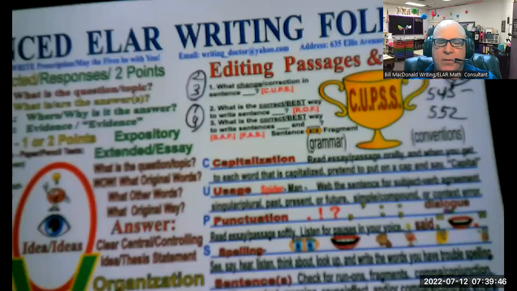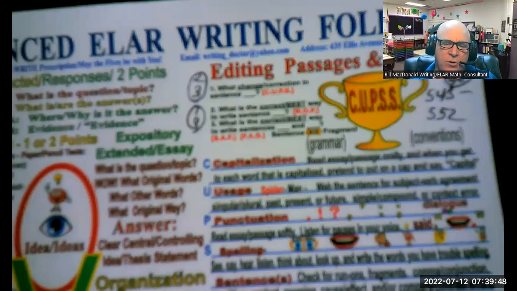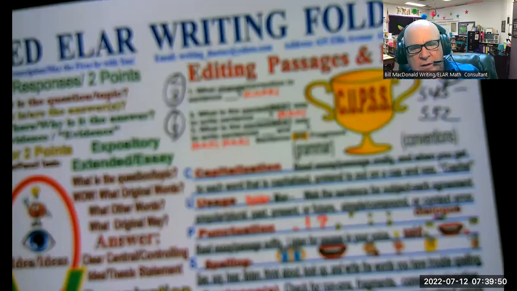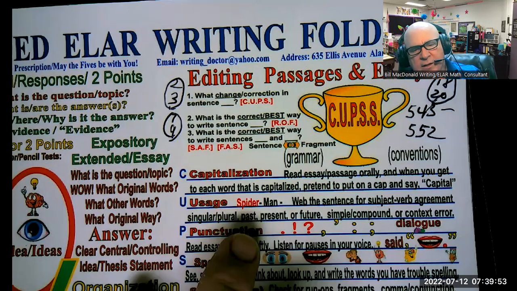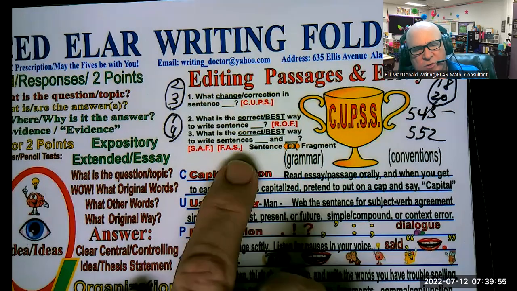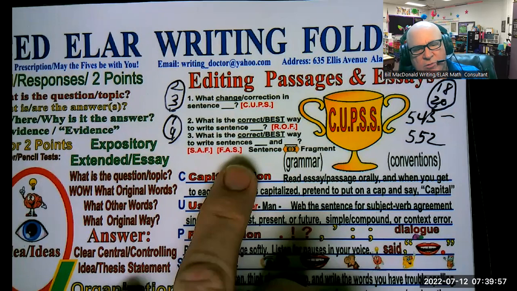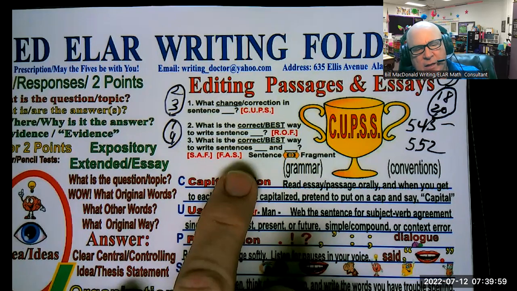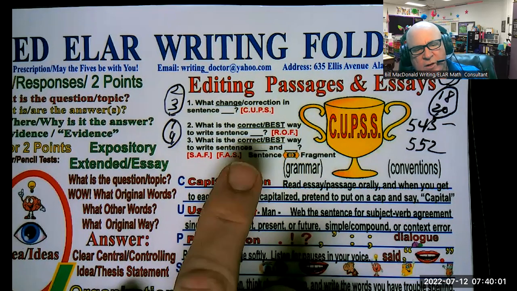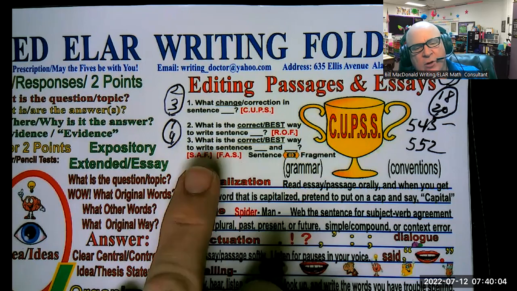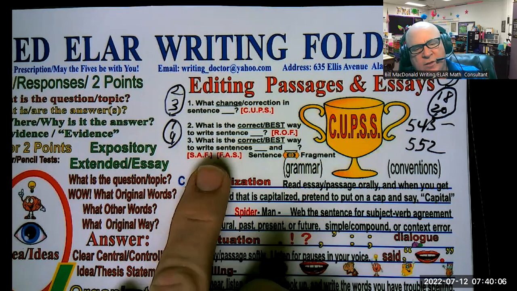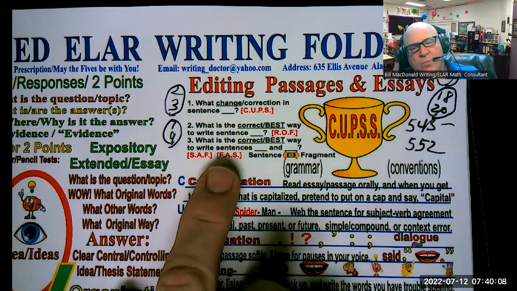So I suggest that maybe all of you, even if you don't teach 10th grade, take a look at this one. Number 20 is going to be: what is the correct way to write sentences, blank and blank? So either the first one is the sentence and the second one is the fragment, or the first one is the fragment and the second one is the sentence. So that will be the 10th grade version.